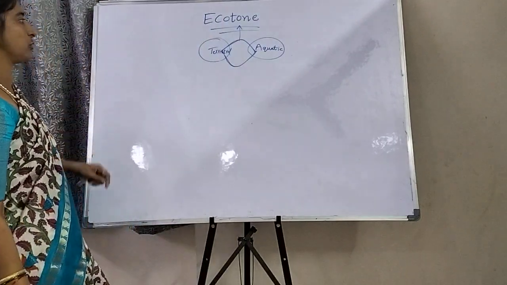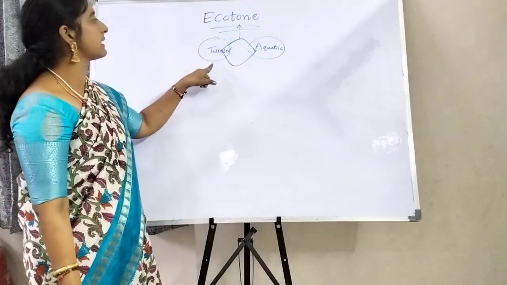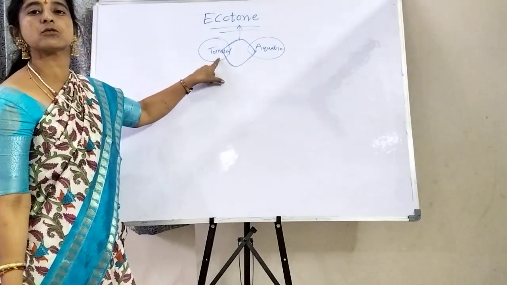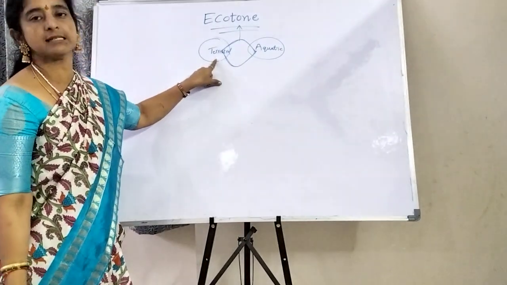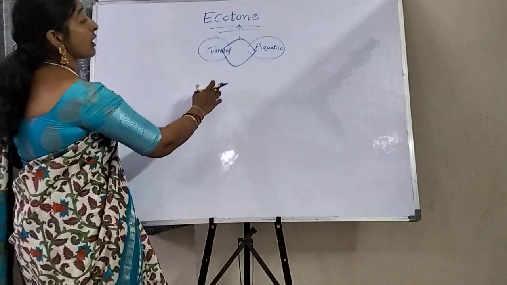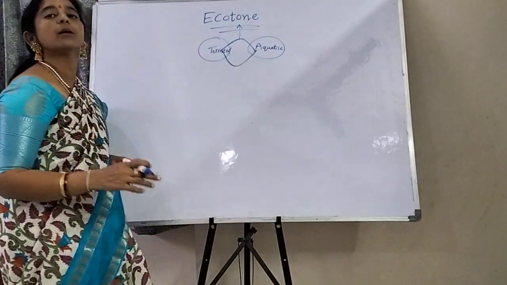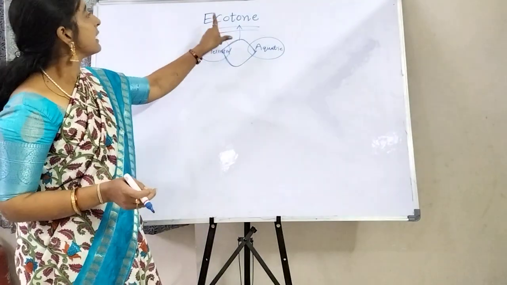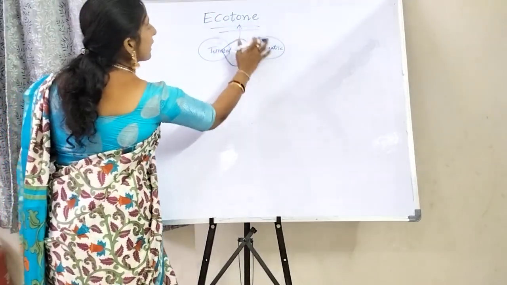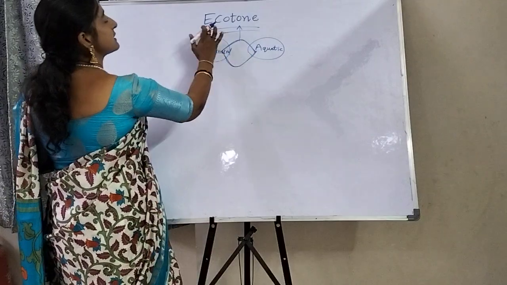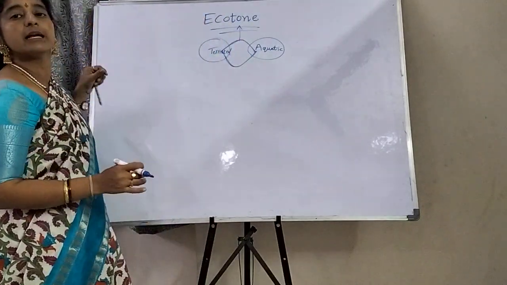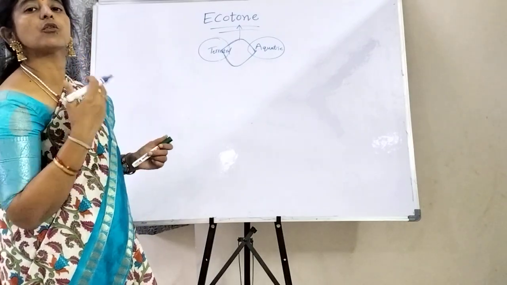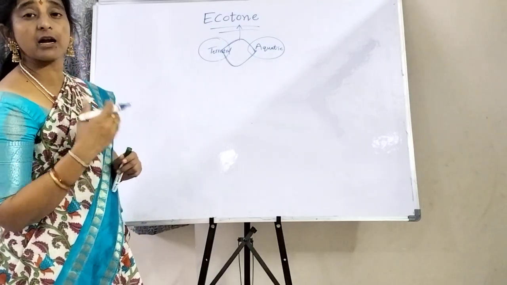Here there is a terrestrial ecosystem, which has many species, and an aquatic ecosystem, which also has a higher number of species of organisms. So that's why this ecotone in between also has more organisms, more fauna and flora.